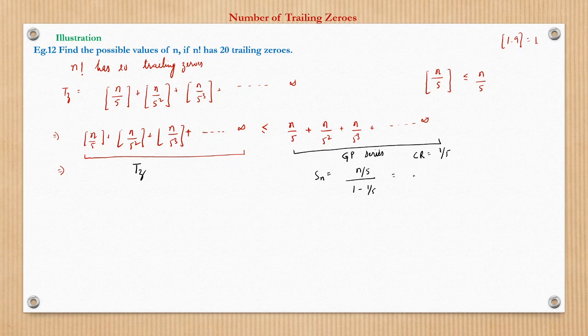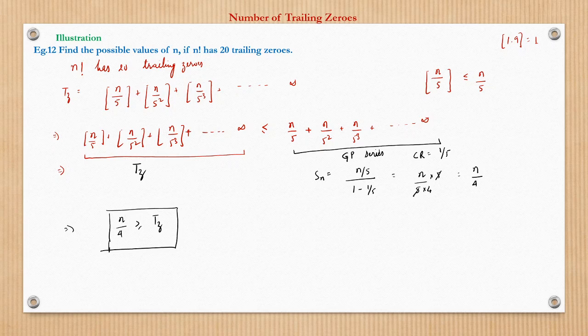So this becomes n by 5 into 4 by 5, 5 gets cancelled, so it is nothing but n by 4. So from here I can write that tz is less than or equal to n by 4, so n by 4 is greater than or equal to tz. This is a very standard relation for the number of trailing zeros.